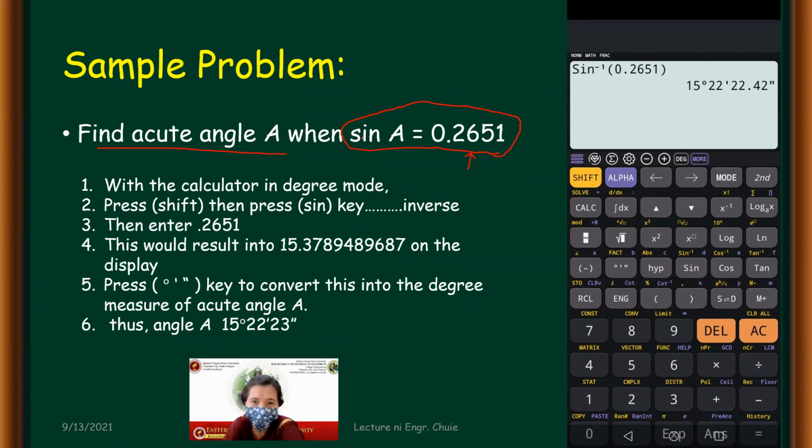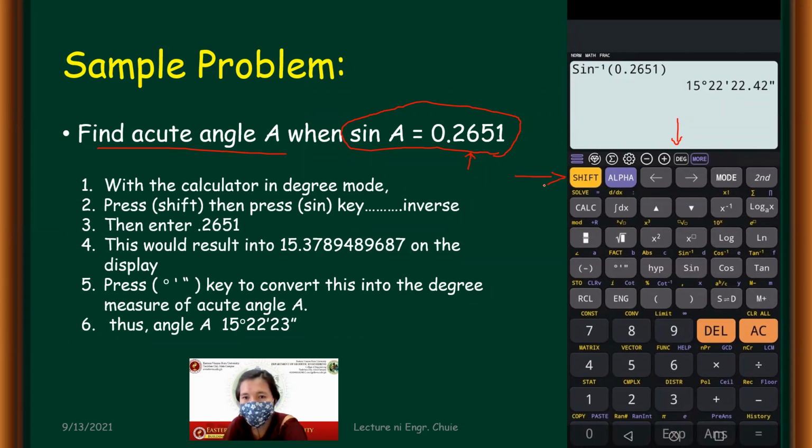Kapag sinabing naka-decimal point to and we need to compute the equivalent angle of this value of this trigonometric function. So how are we going to do that using your calculator? So with the calculator in degree, so make sure na naka-degree function yung calculator. Then most of the calculator, you need to press the shift.